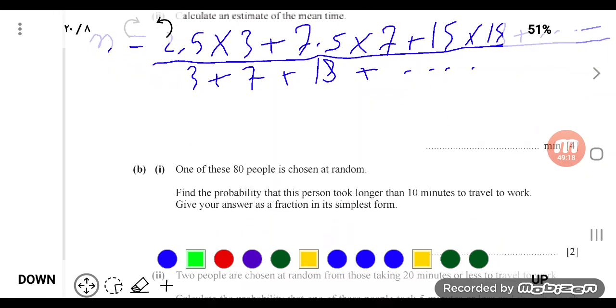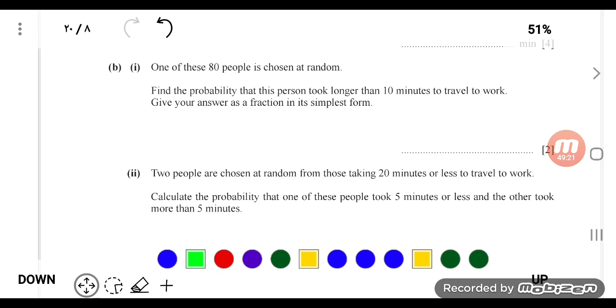And this question was very easy. Let's move now to the next one.